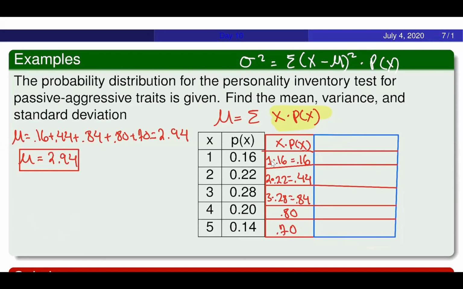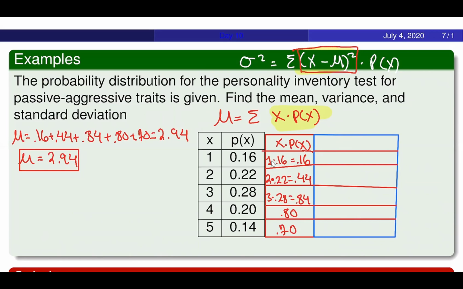If you look at this formula, we're first going to do this part over here. So I'm going to do x minus mu, and I'm going to square it.